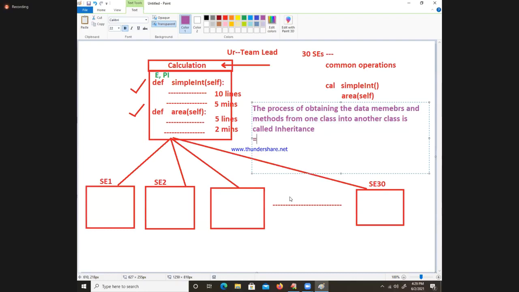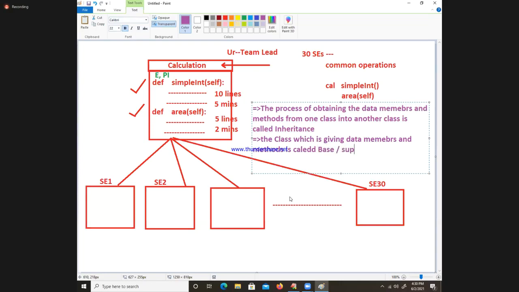If you permit me, next I will write it. The class which is giving data members and methods is called base or super class.